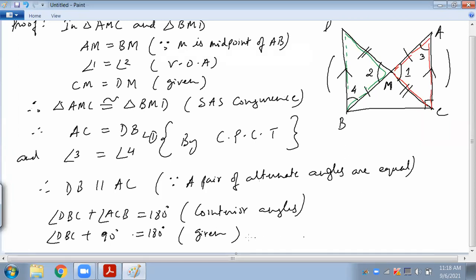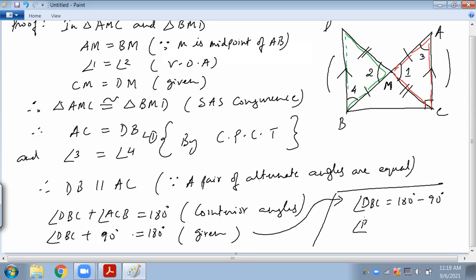Now from this we can solve it and find DBC. So angle DBC is how much? 90. So we have shown angle DBC is a right angle. Mark this one as 2 because we are going to use it afterward. After writing this much, if you're done, you can raise your hand.